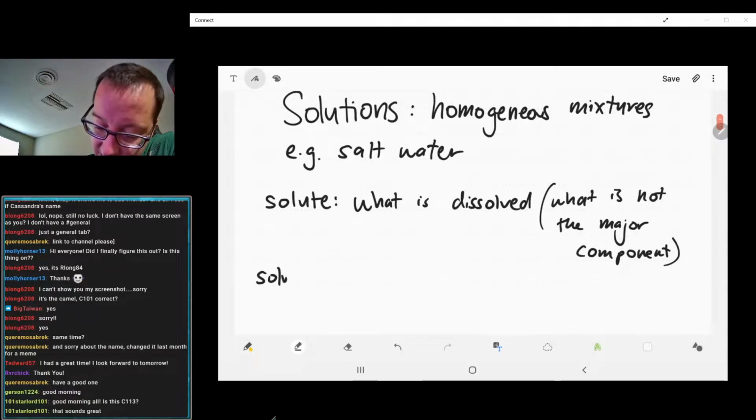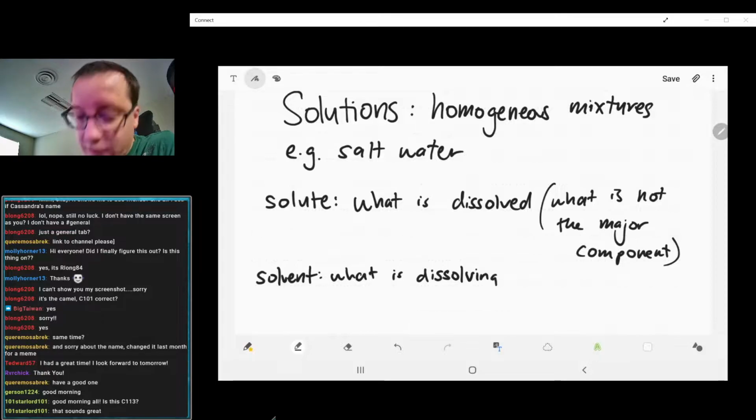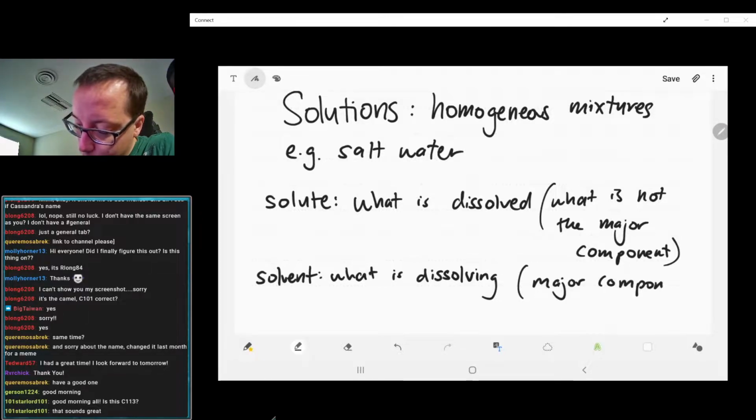We're going to have the solvent be the other part. That's the thing that is dissolving the other stuff, and that is going to be the major component. Whichever component is there the most, whichever one has more moles, that's going to be your solvent.